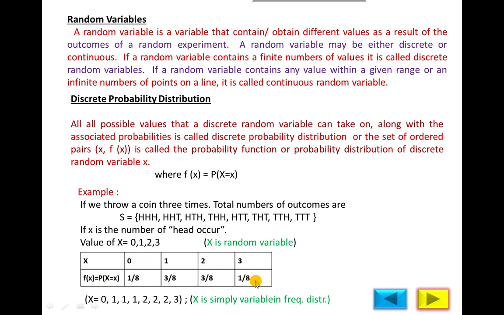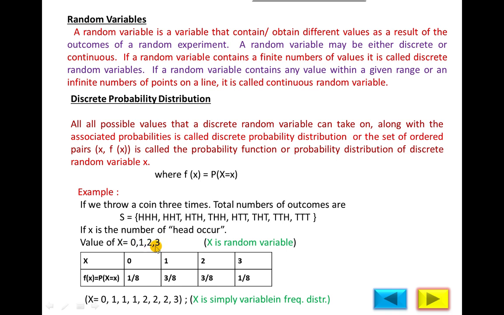You have already calculated these probabilities in the previous video. Out of 8, 0 heads occur 1 time, 1 head occurs 3 times, 2 heads occur 3 times, and 3 heads occur 1 time. So this variable is called a random variable.